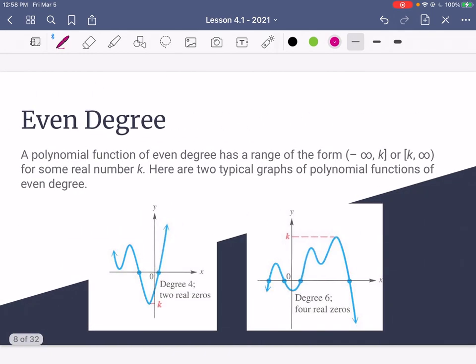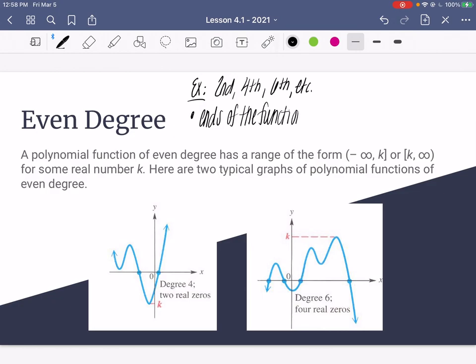All right, then even degree polynomials. Starting with second degree, fourth degree, sixth degree, eighth degree, 10th degree, etc. Any even number. Now the ends of the function for an even degree polynomial are going to point in the same direction. So the ends of the function point the same direction.